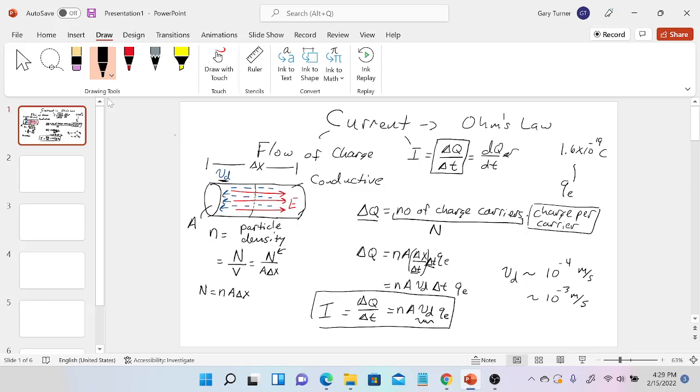Typical drift velocities inside materials are going to be on the order of that speed.